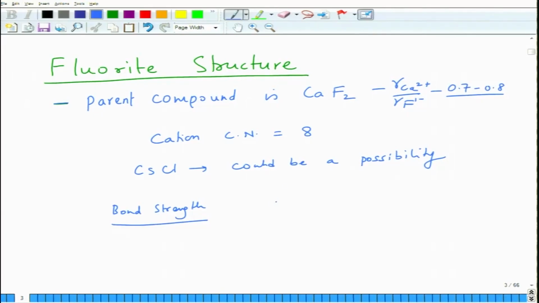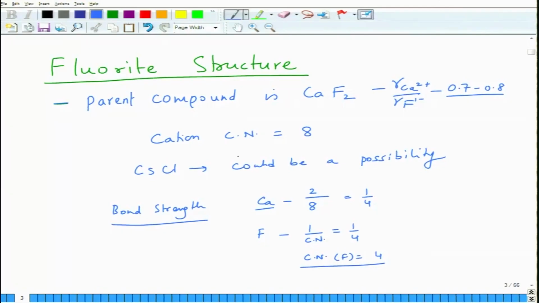For calcium, the valence is 2 and the coordination is 8, so the bond strength is 1/4. In case of fluorine, the valence is 1, so the coordination number must be 4 for the bond strength to be 1/4.